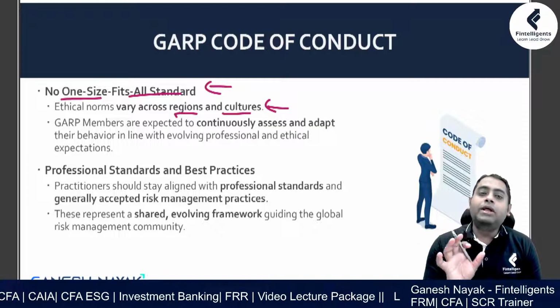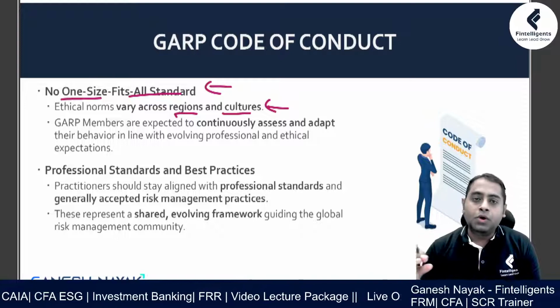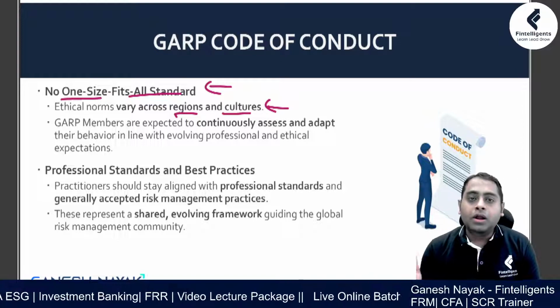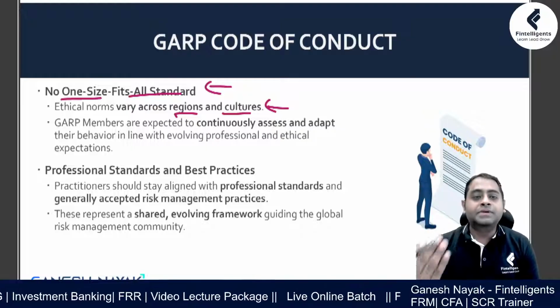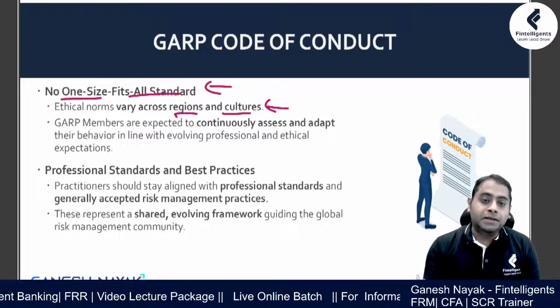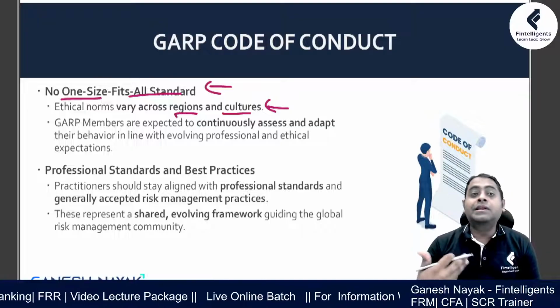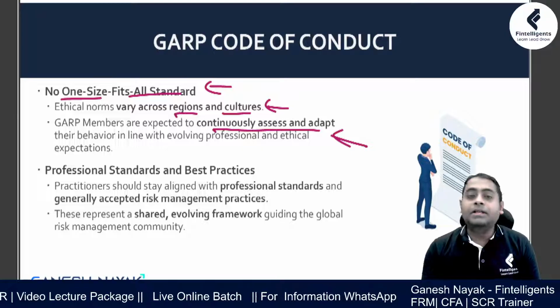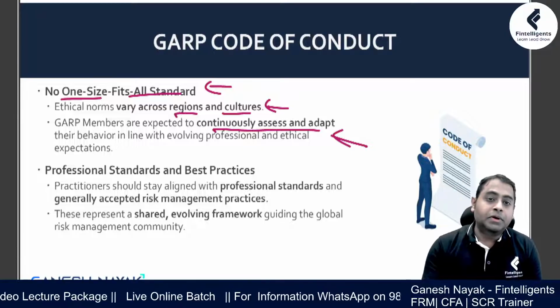So what they are trying to highlight is that the code is flexible. It is not one fit for all. It is flexible as per the region, as per the culture. But the overall thing that you have to follow is to behave ethically, and you have to continuously learn, continuously adapt, and continuously see what is happening in the market. That is a very important part.